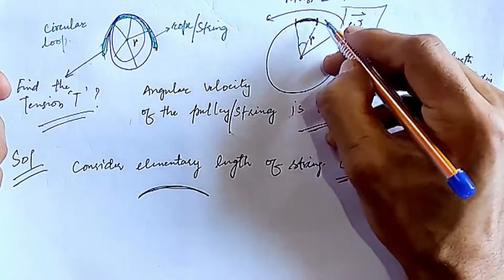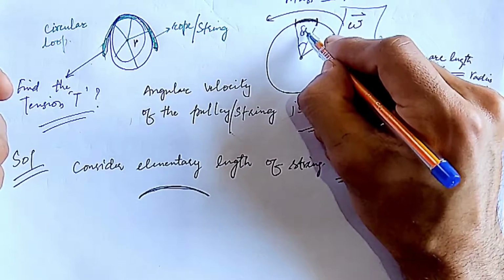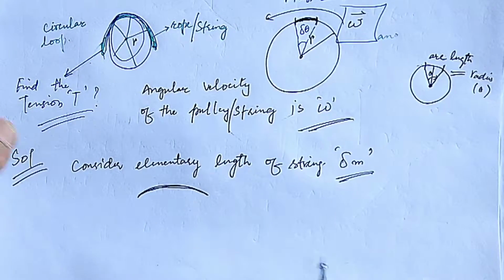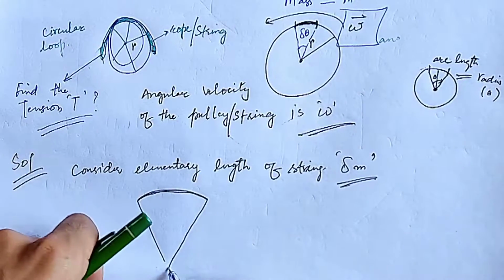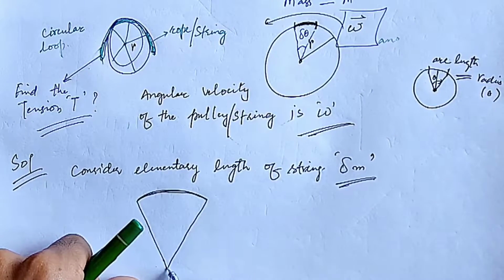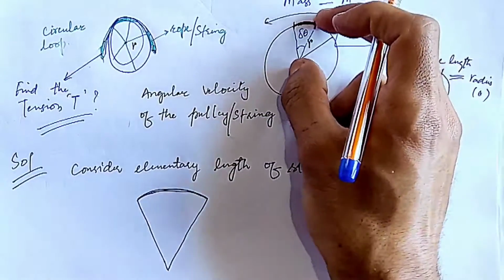This is the small angle delta theta. Okay, so this is the zoomed version of this very small portion.